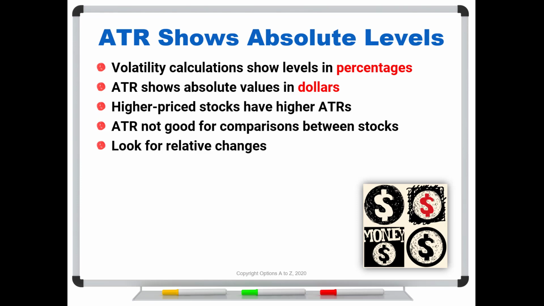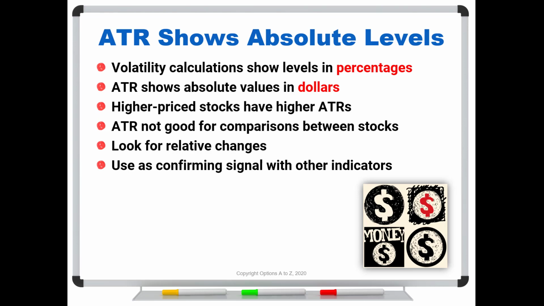Is it becoming a much bigger spike, or is it moving down, this ATR? So you can look at it as a confirming signal with other indicators. Maybe you're seeing a technical breakout and saying, are we also getting a move in the ATR as well? And that might give you a little more confidence that yes, we are seeing more volatility in this breakout.